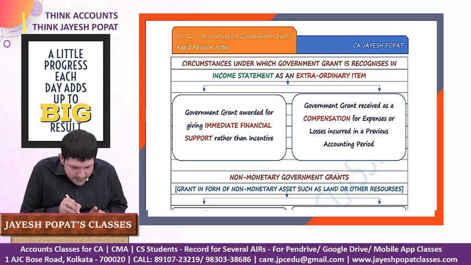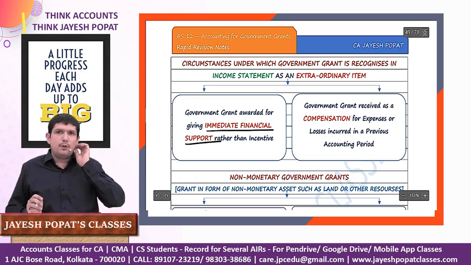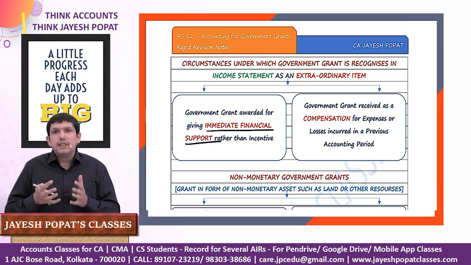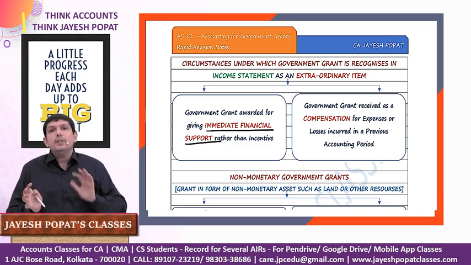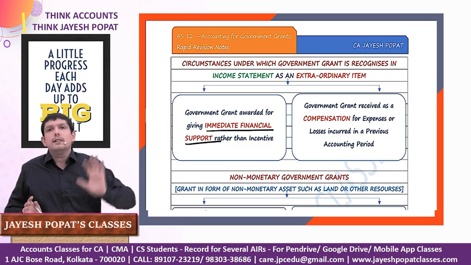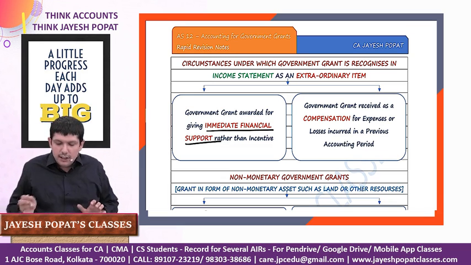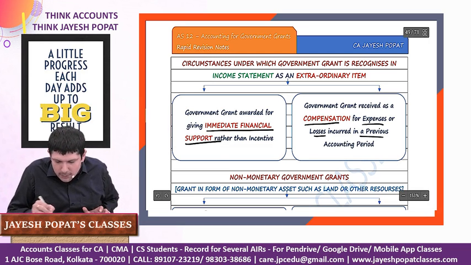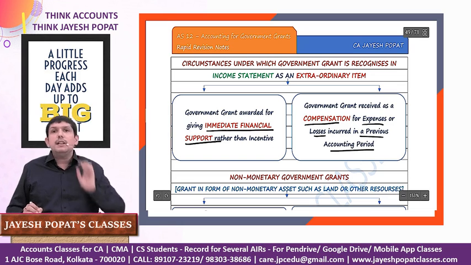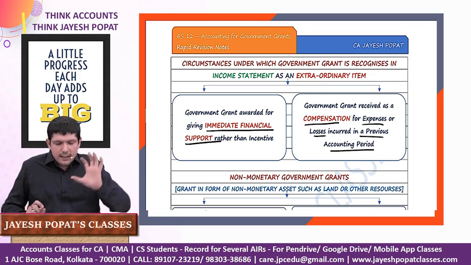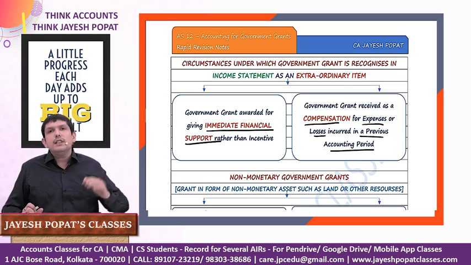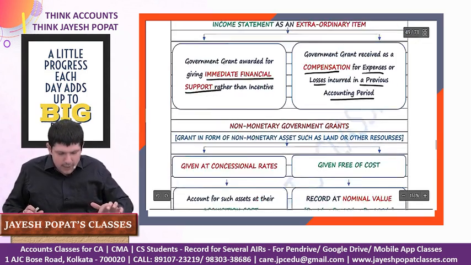One, when it is received as immediate financial support, maybe that particular industry or undertaking is going through financial hardship, and to bail that entity out, the government has provided some grant for immediate financial relief. Or it is a compensation for expenses or losses incurred by that enterprise in the previous accounting period. So in this case, there are no terms and conditions it has to comply with. It has been given to help that enterprise survive, and therefore these will be treated as extraordinary items.